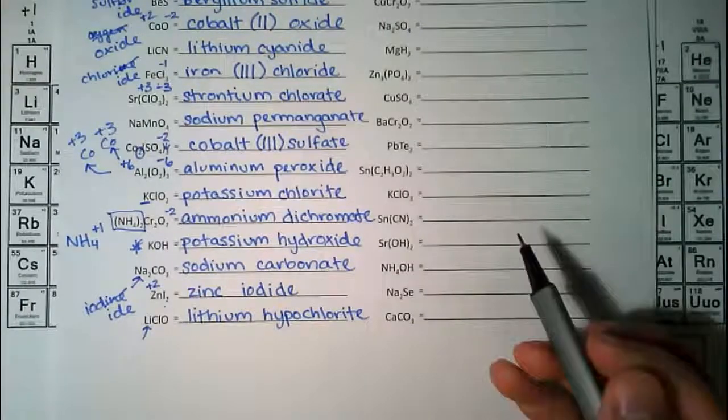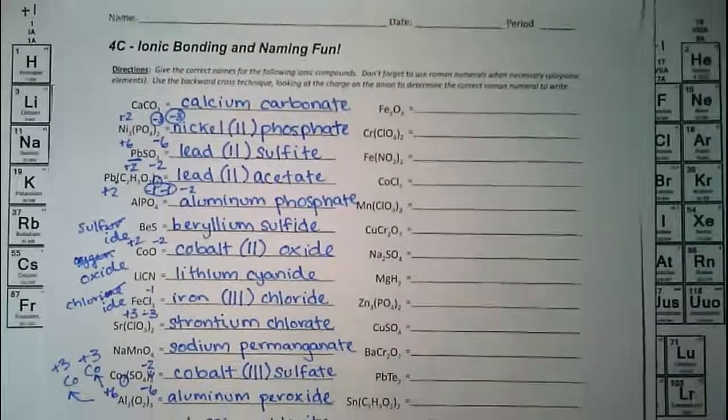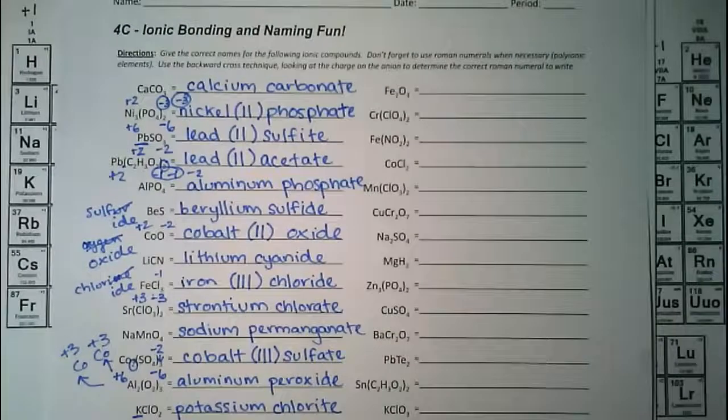So now that you have all these correct names, I'd highly recommend going down this list and saying all the names to yourself to make sure that you commit them to memory and to make sure they sound right. So I'm going to do that right now.